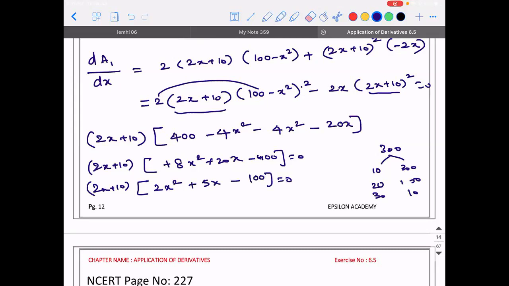Now 200 I think we can split it, right? So 200, how will you split it? Mithun, I think you did some mistake.